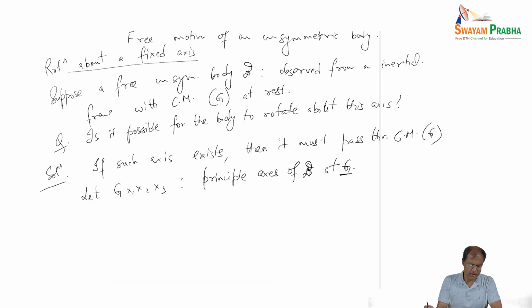Let us say these are my embedded axes, so the Euler's equations apply. Since the body B is rotating about a fixed axis, the moment of inertia will be constant.